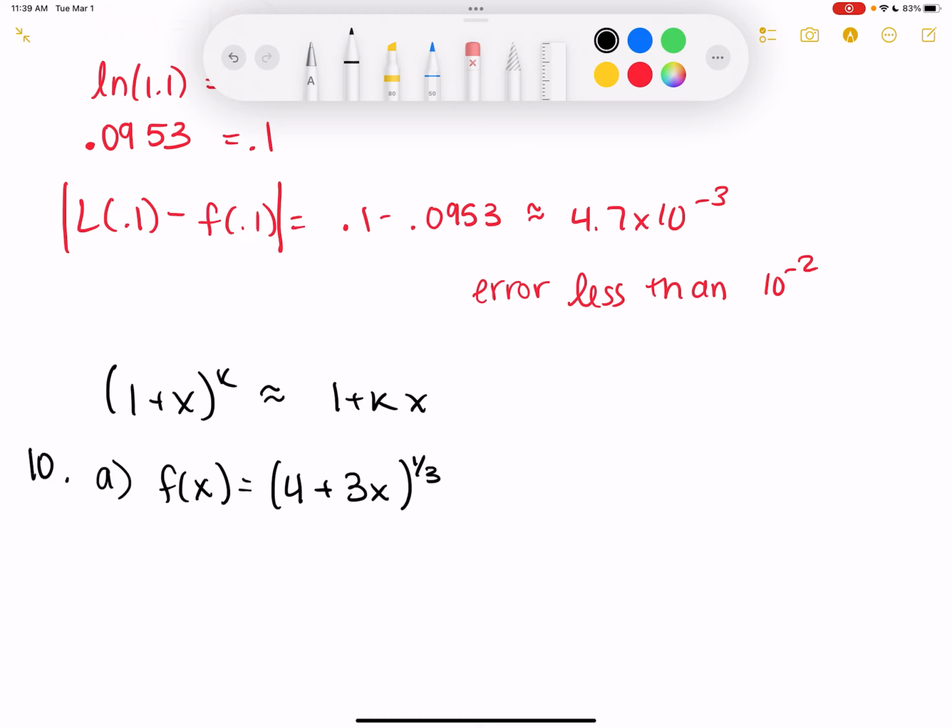So I want this to look like 1 plus x to the k. I need to take something out to give me a 1 right here. So I'm going to take out a 4, and then I'm left with 1 plus 3/4 x, all raised to the 1/3.